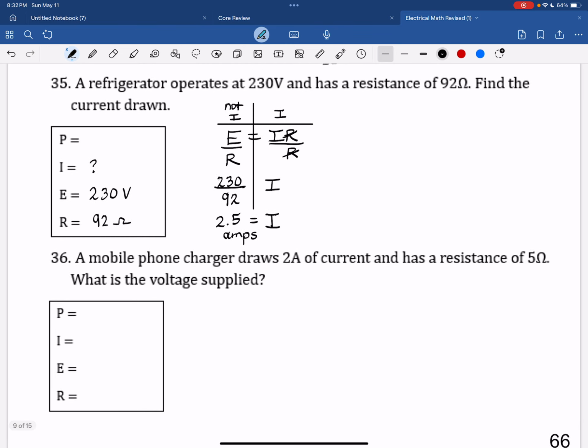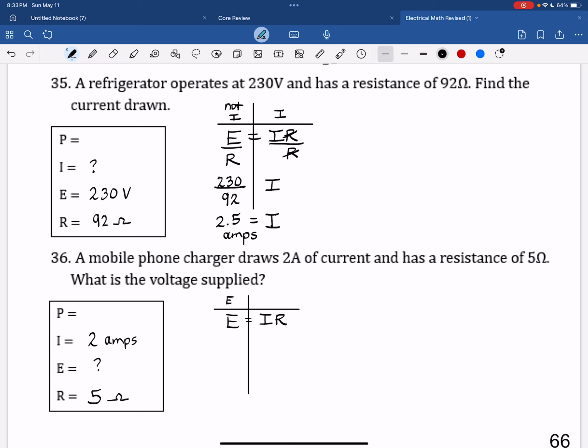A mobile phone charger draws 2 amps of current and has a resistance of 5 ohms. What is the voltage supplied? So we again need E equals IR. And this time we're looking for E. So there's nothing to move.